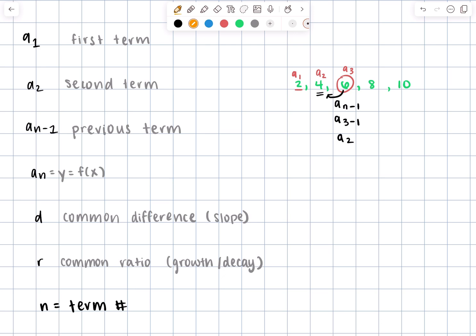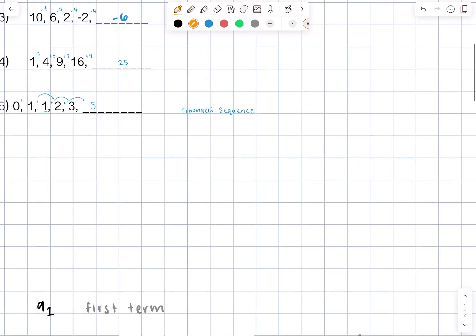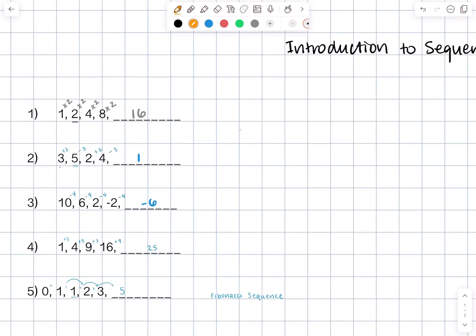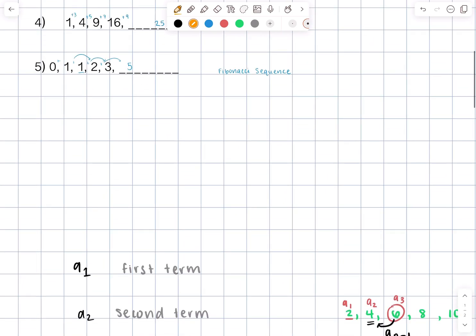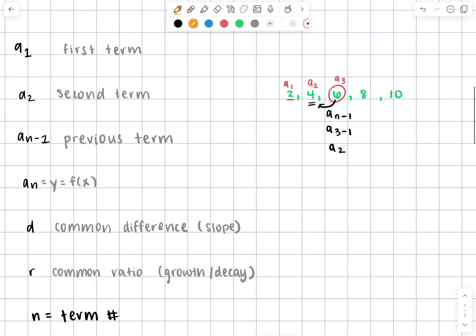If we were multiplying, like the first sequence over here, times 2, times 2, times 2, times 2, our common ratio would be 2. But here we have a common difference of plus 2, plus 2, plus 2, and plus 2.